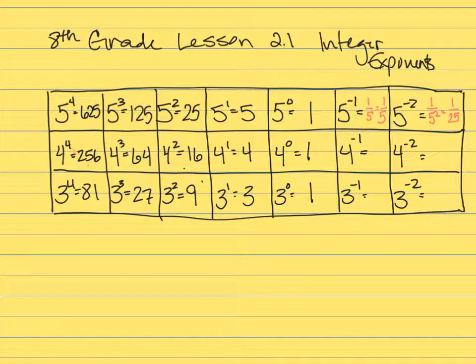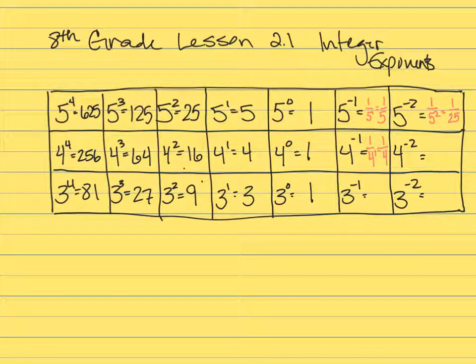4 to the 4th, 256. 4 to the 3rd, which is 4 times 4 times 4, 64. 4 to the 2nd, which is 4 times 4, is 16. 4 to the 1 power is 4. 4 to the 0 power means we're just at the starting point of 1, waiting to be multiplied by that base. 4 to the negative 1, you guessed it, is just 1 over 4 to the 1, which is also just 1 over 4, because over here we notice 4 to the 1 is just 4, so that's it.